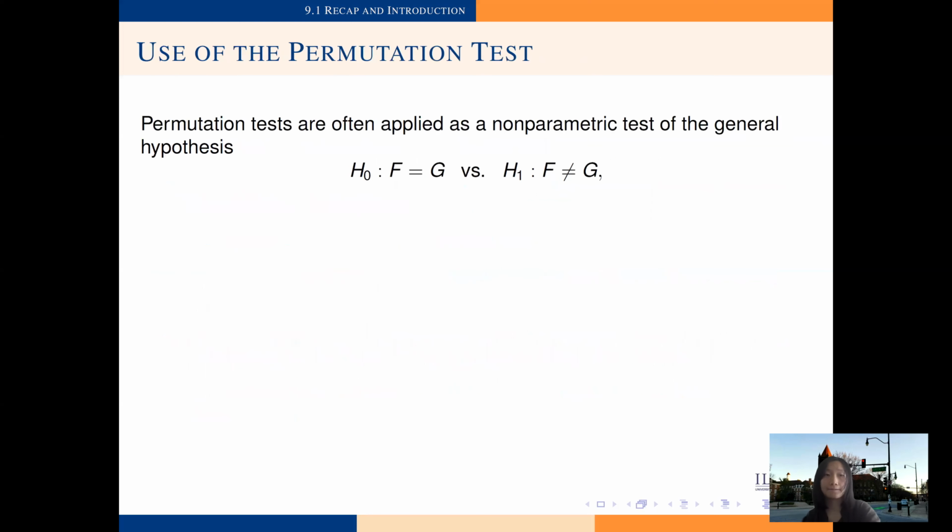So permutation tests in general are often applied as a nonparametric test for the general hypothesis as follows. H0 is that some distribution f is equal to distribution g, and the alternative is that they aren't equal. In this case, neither f nor g is specified, so we don't know either of these distributions, and we don't want to make distributional assumptions.